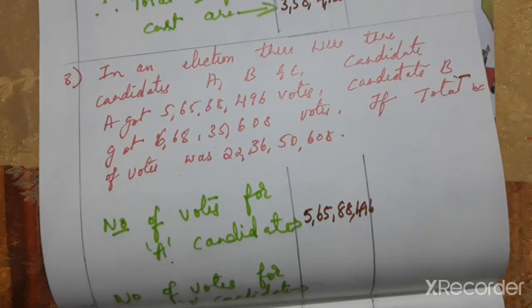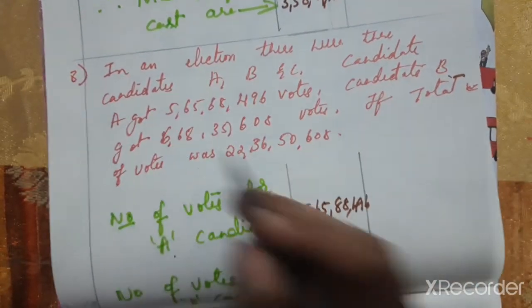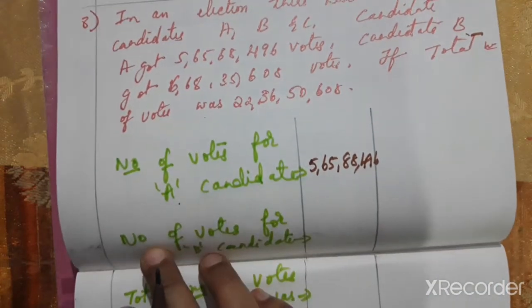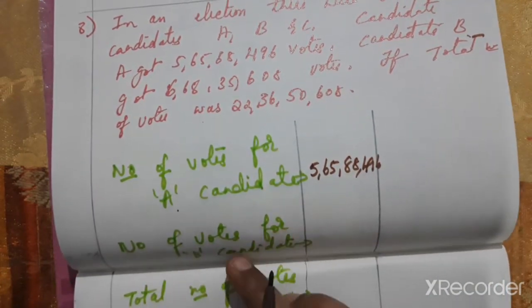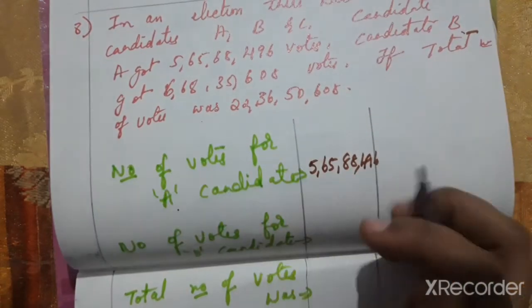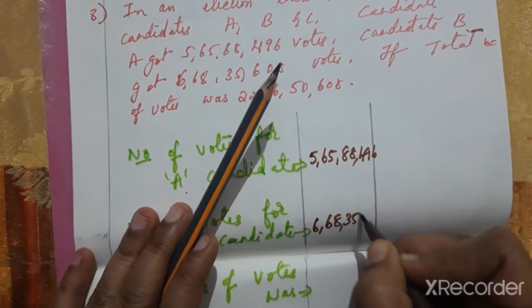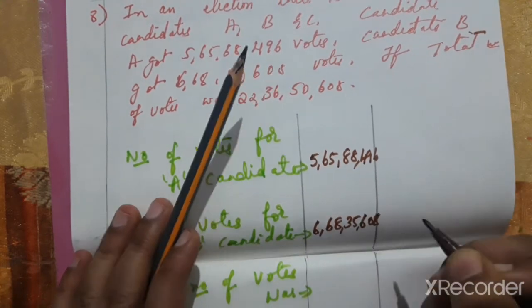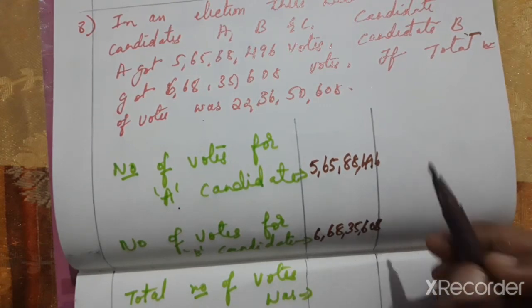Then candidate B got how much? We can write number of votes secured by B candidate. How much, children? 6 crore 68 lakh 35,608. This number is also given in the question.